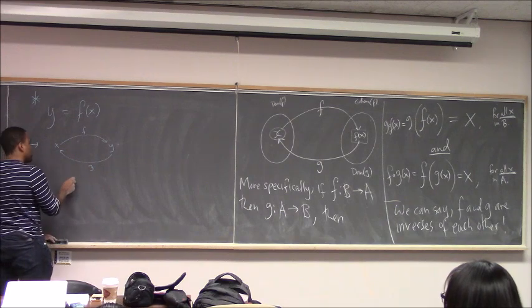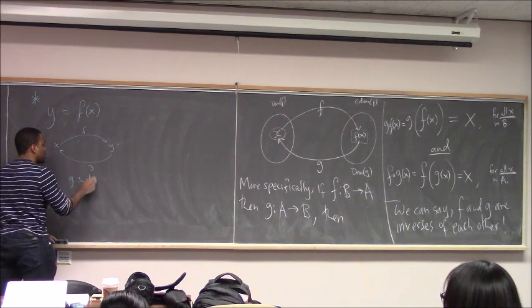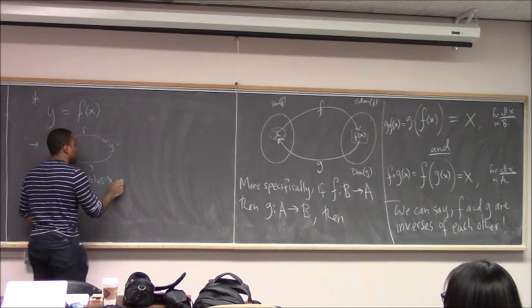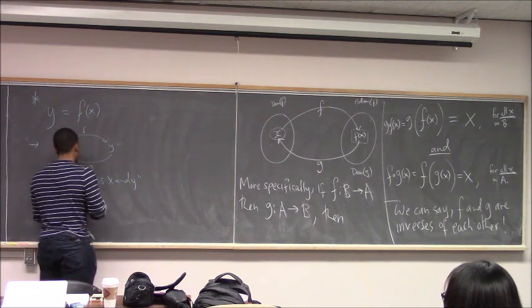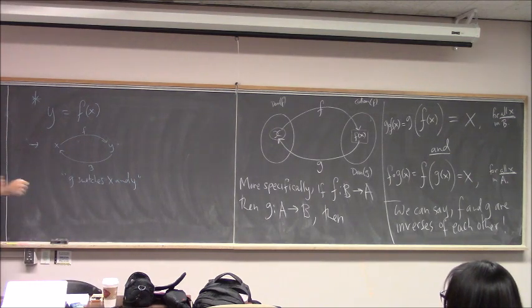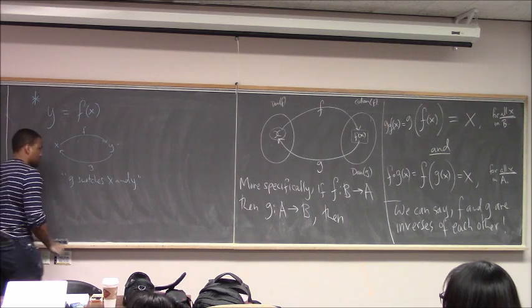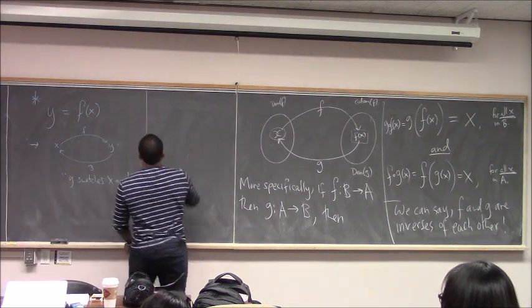So you can think of g as switching x and y. Right? So it kind of flips the function around. And we're going to actually use that to compute the function. Like I said, being able to compute one is something you're going to want to be able to do. Some notation.